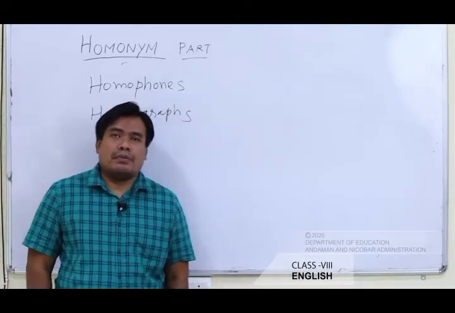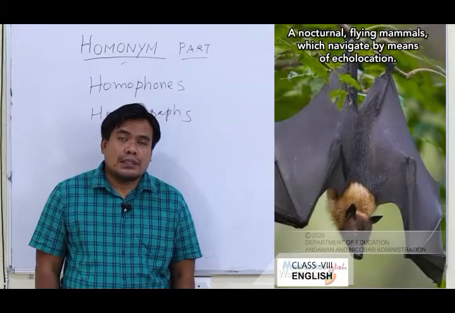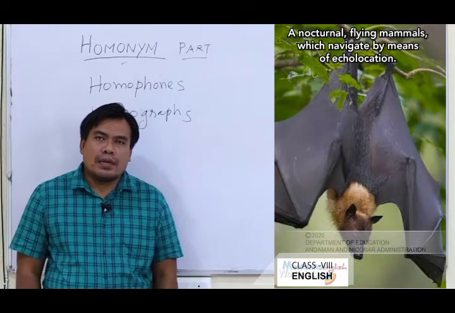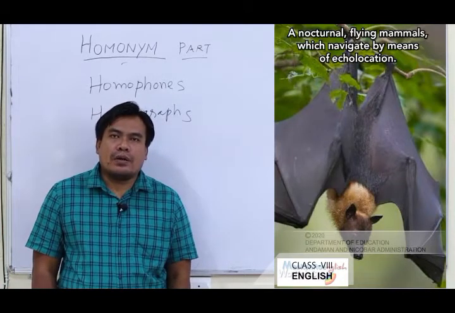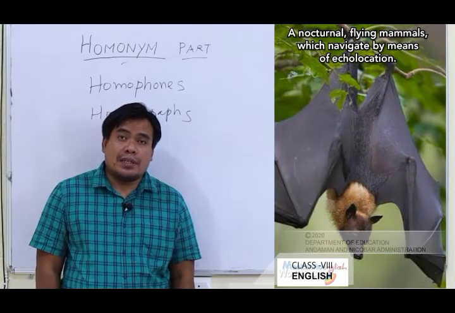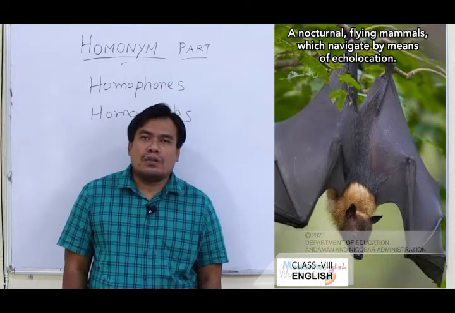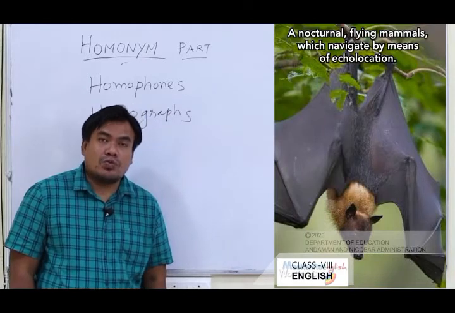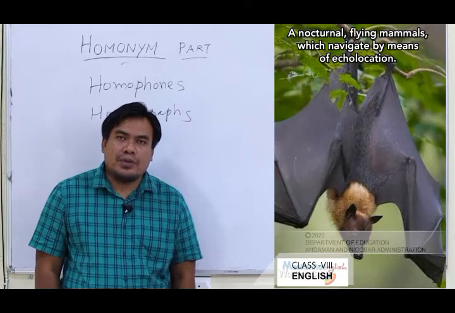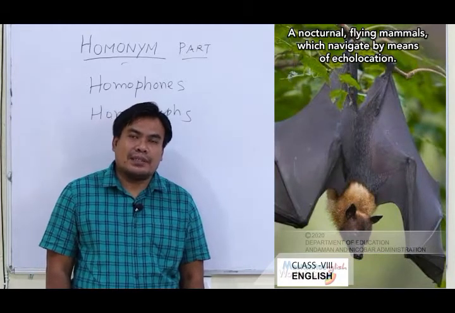You can see that on screen right now. What is that? It's a nocturnal animal. Do you know what a nocturnal animal is? N-O-C-T-U-R-N-A-L, nocturnal. Nocturnal animals are those which are awake at night, who roam at night. And this is one of the nocturnals, a bird you would say, and that's called bat.